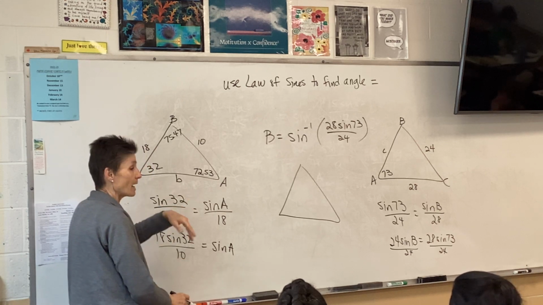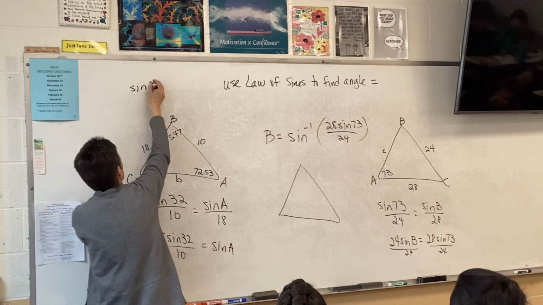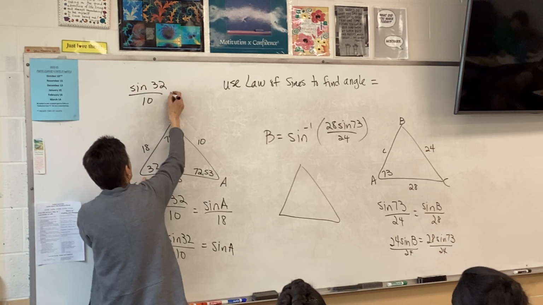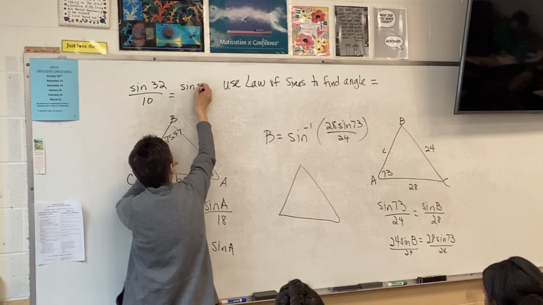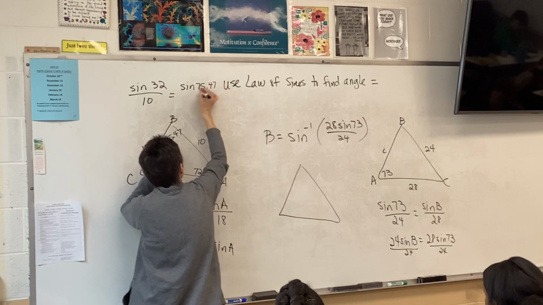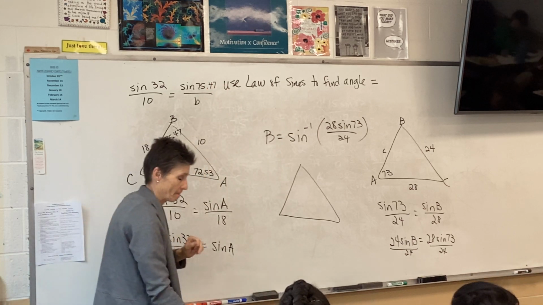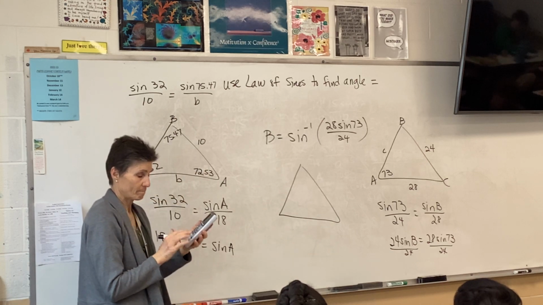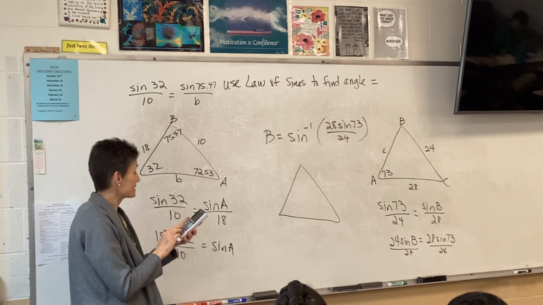Now, can we find side B? That's easy. So go back to sine 32 over 10 equals sine 75.47 over B. Go ahead and work this out for me.